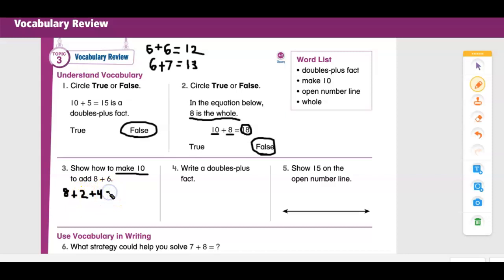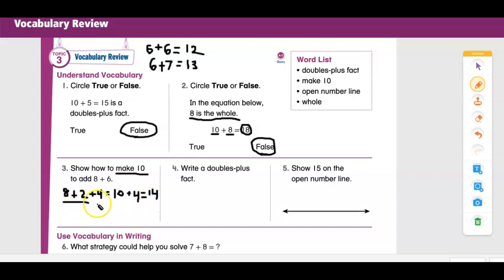So this equation is the same as saying, adding these two numbers together, 10 plus 4. It's the same problem. We just changed the add-ins a little bit. Well, 10 plus 4 is equal to 14.